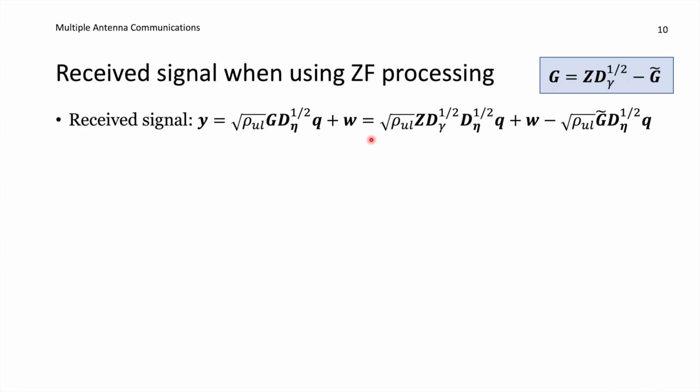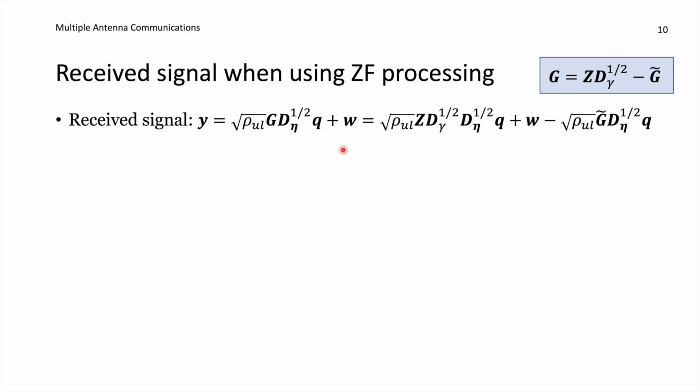Let's now consider what happens with the received signal Y when we are using zero forcing processing based on the estimated channels. And remember that the exact channel matrix, G, is equal to the estimate, which can be written like this, minus the estimation error that we can gather in the matrix like this.